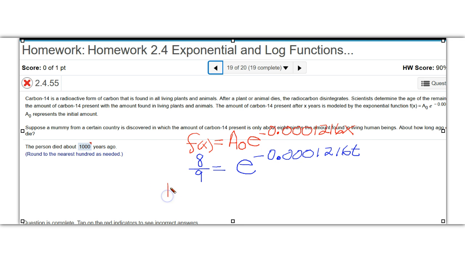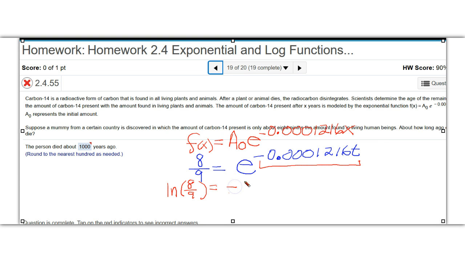So we have the natural log of 8/9 equals the natural log of E, and remember this was to base E. So this all became a 1. And we say when it's in this form, this is what we put, just the exponent. So I'm going to erase this for now, and I'm just going to put the exponent there. But I wanted you to see where it came from.